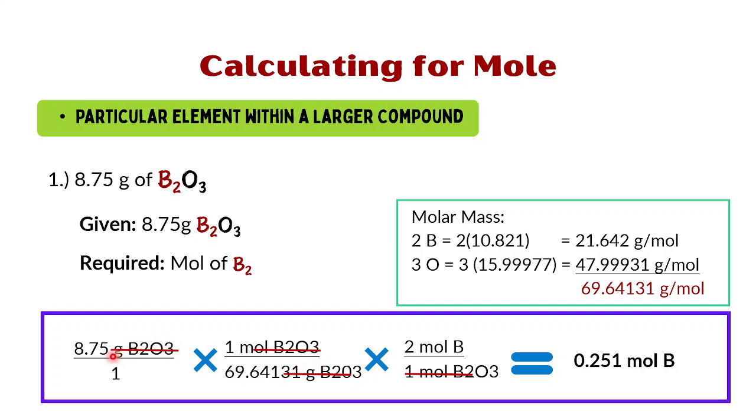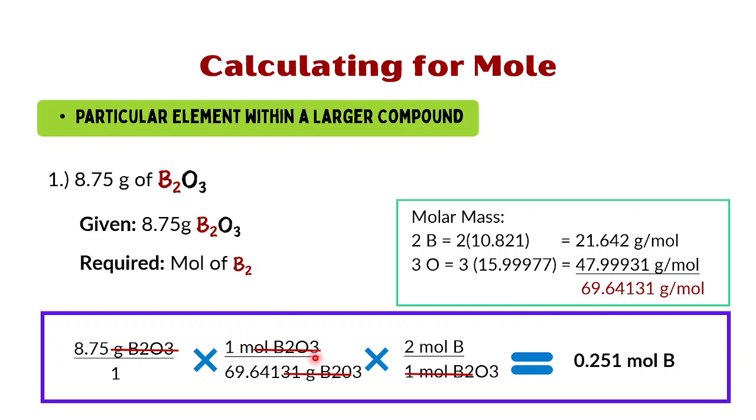Okay. So this is what it means. On this left side, this is the mass of the boron trioxide. And if written in this form, class, this is just a ratio, because these calculations of mole are really just ratios. So for this one, the grams of boron trioxide need to cancel out. So first we wrote in the denominator the other variable, 69.64131 grams of boron trioxide, which is also its molar mass.